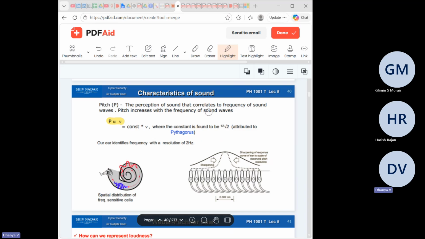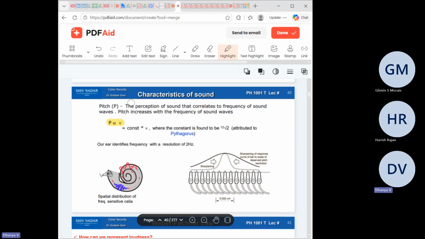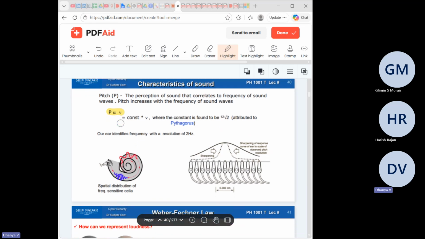Just know the definitions of intensity, loudness, pitch and frequency, because they can ask you to explain them. Pitch is directly proportional to frequency, and our ear identifies frequency with a resolution of 2 hertz.